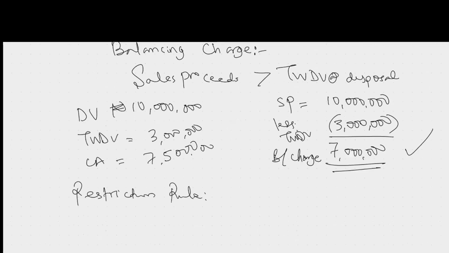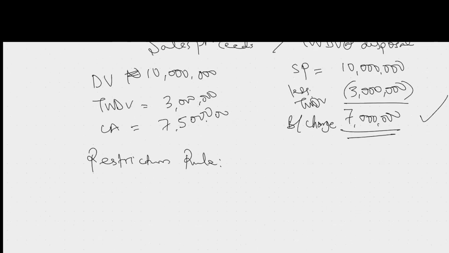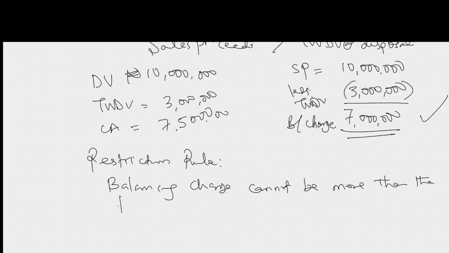The restriction rule says that balancing charge cannot be more than the total capital allowance on the assets disposed.